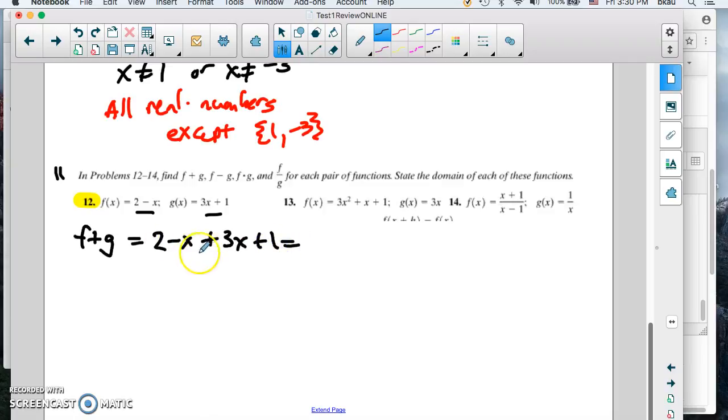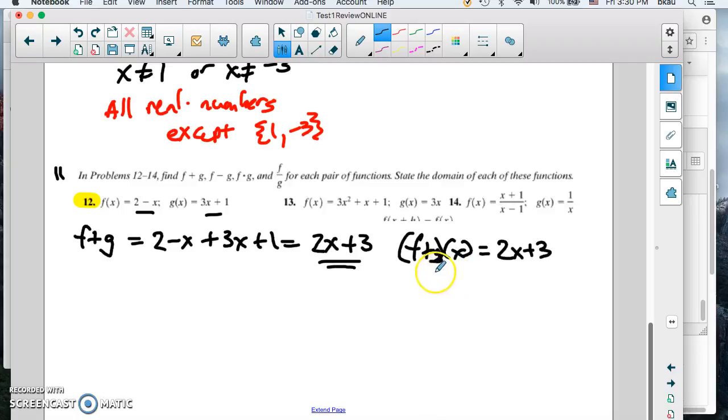So that's a new function. You can combine like terms and get 2x, and you combine like terms here and plus 3. So f plus g of x is the same as 2x plus 3, and that would be the answer.